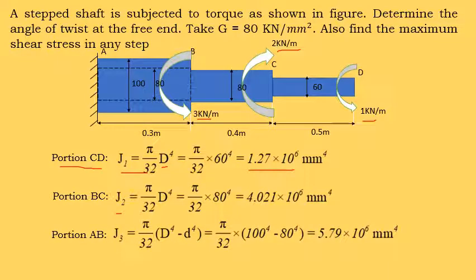Similarly, for the last portion AB, since this is a hollow shaft, we have to use this equation for polar moment of inertia: pi by 32 into capital D to the power of 4 minus small d to the power of 4, where capital D represents the outer diameter and small d represents the inner diameter of the shaft. So capital D is 100, small d is 80. After simplifying this, we got J3 value 5.79 into 10 to the power of 6 millimeter to the power of 4.